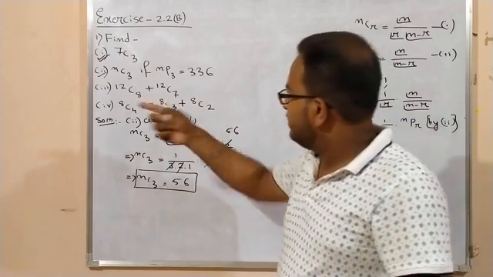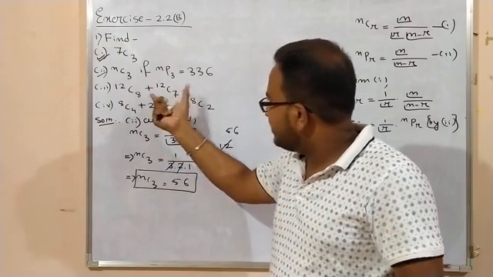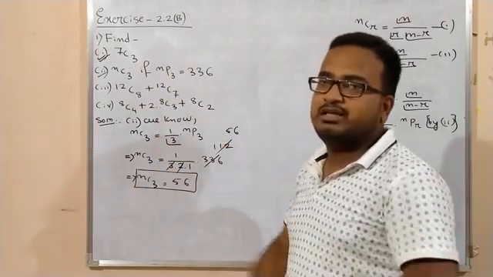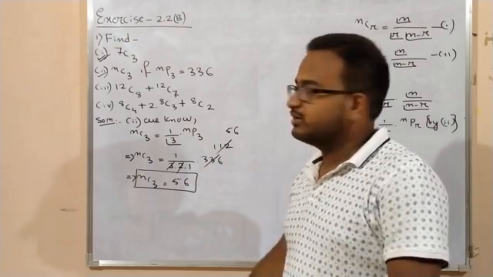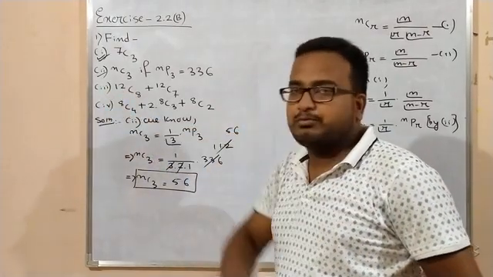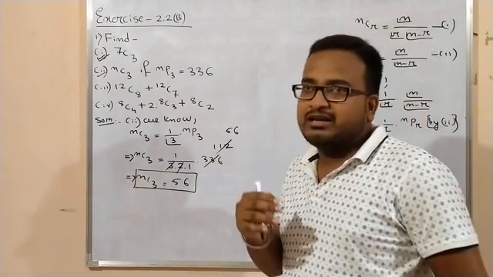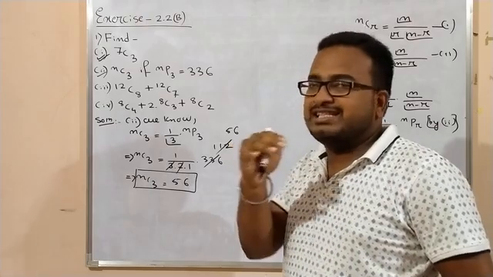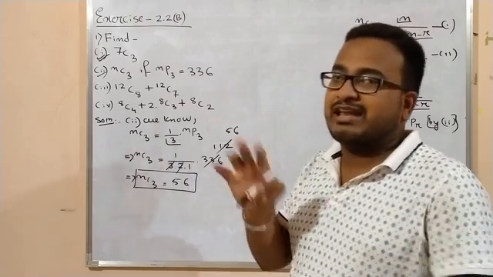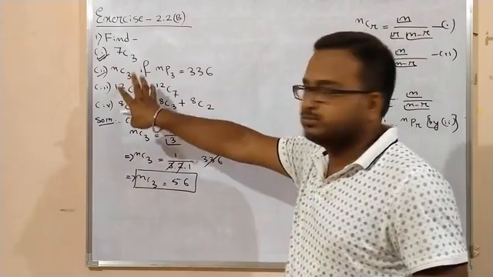But remember some properties we have learned in case of combinations: NCR plus NC(R minus 1) equals (n plus 1)CR. So you have to use this type of property to solve these problems.